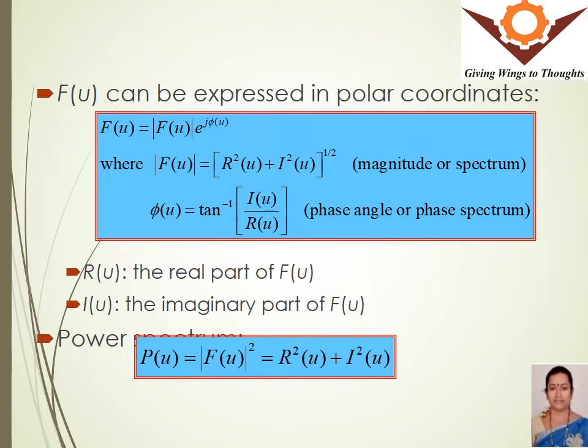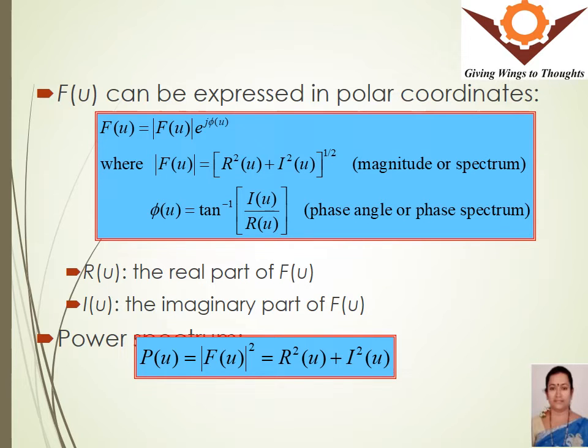The power spectrum we can define as P of u equals mod of f of u whole square. As a student, the first time you refer to the magnitude, phase and power spectrums, it's very essential to know the relation between the power spectrum and the magnitude or frequency spectrum.